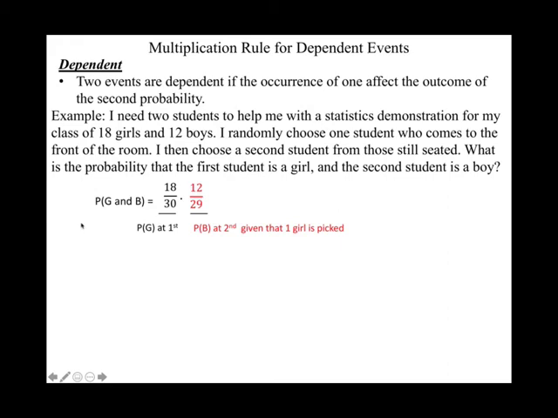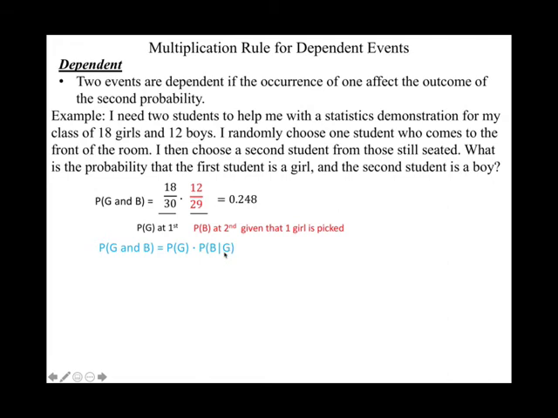So if I want to use the formula, I'll be using the multiplication rule here. Probability of girl first and then boy equals probability of girl, just like this number, times, what does this mean? This means I want to find the probability of a boy given that one girl is picked.